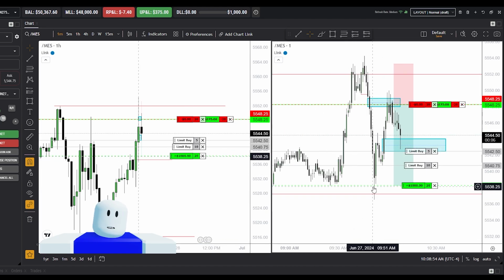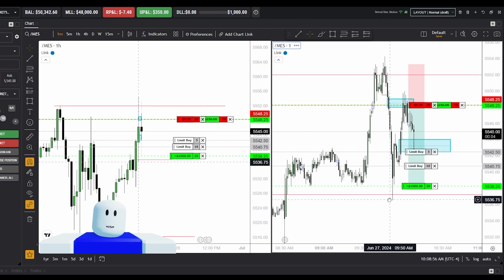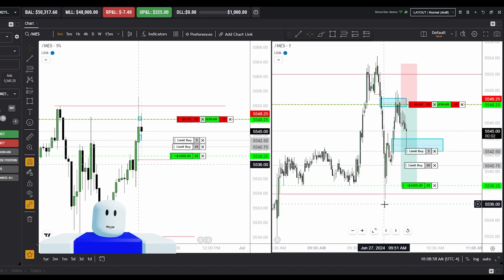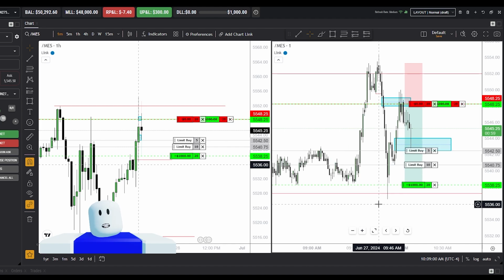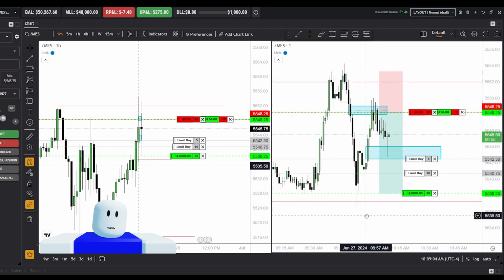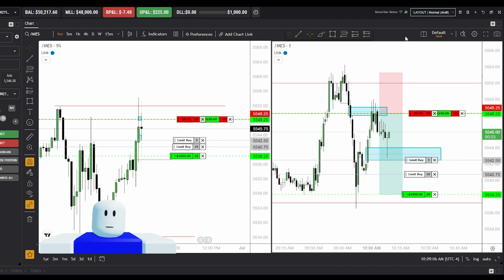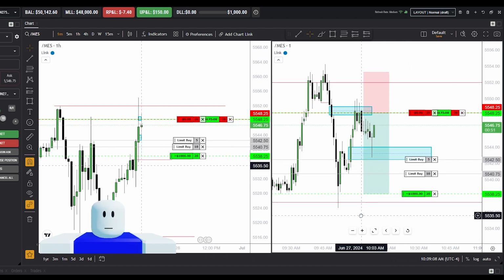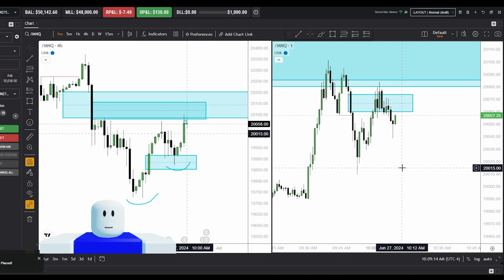If these equal lows were not taken out already, then I'd say this is a super high probability trade. But since they're taken out, it's probably not very high probability anymore. The market probably just wants to target higher at this point.